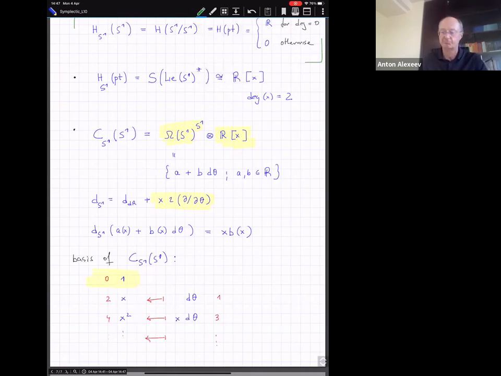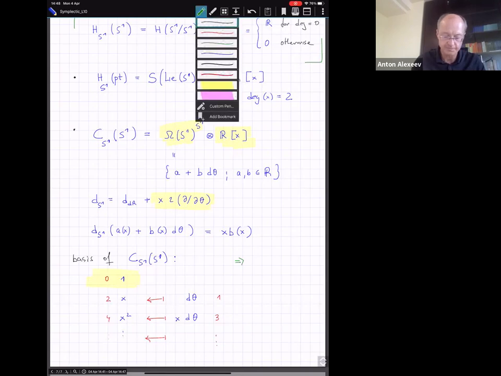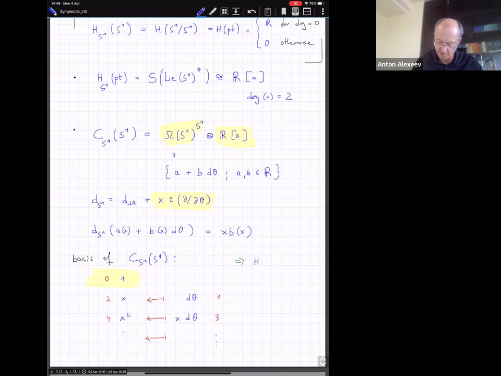So here, just by inspection, what we see is that H0 S1 of S1 is R, and HI S1 of S1 is 0 for I greater or equal to 1.